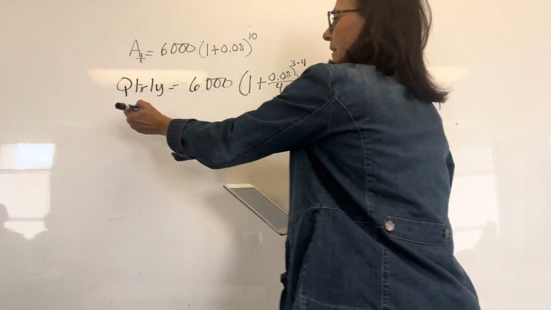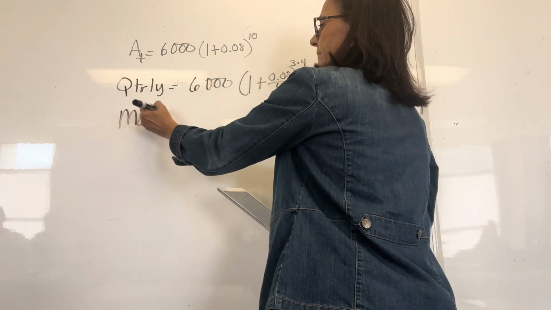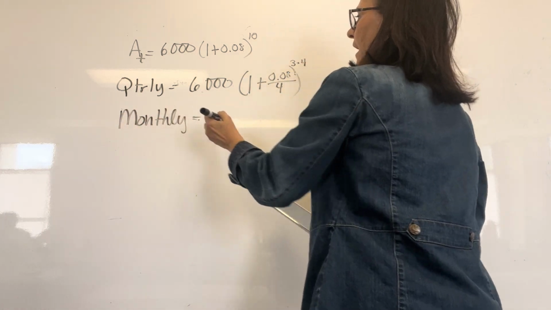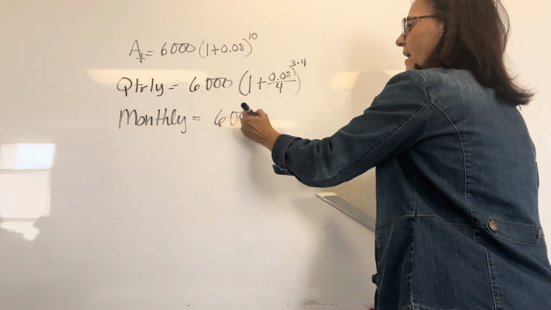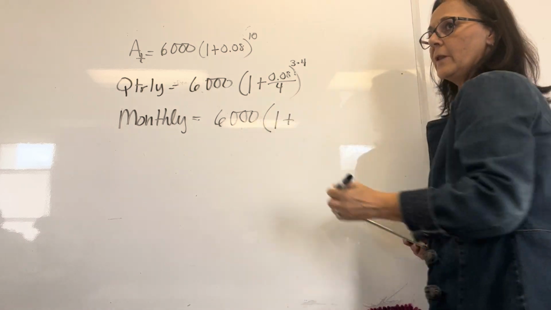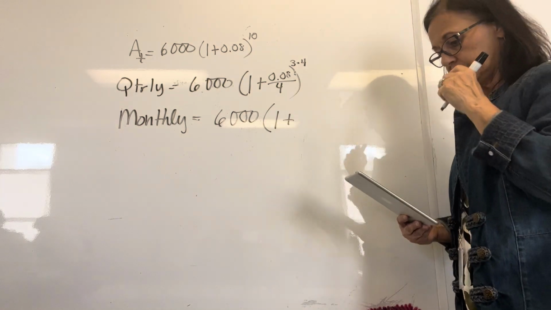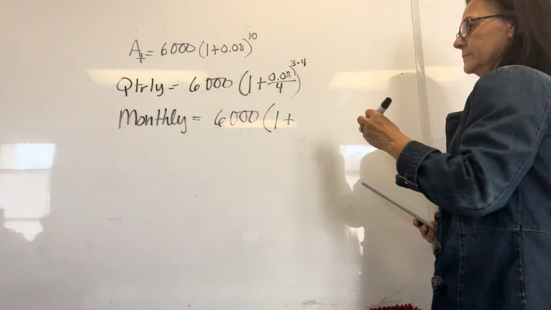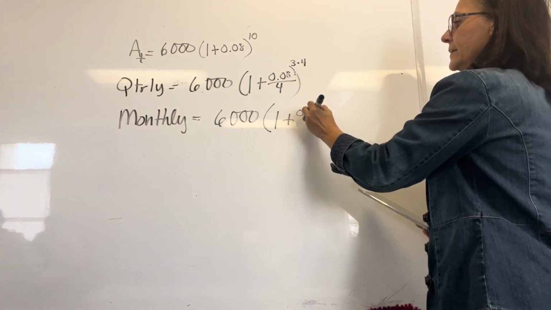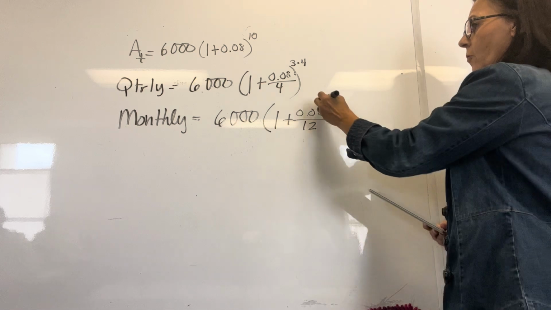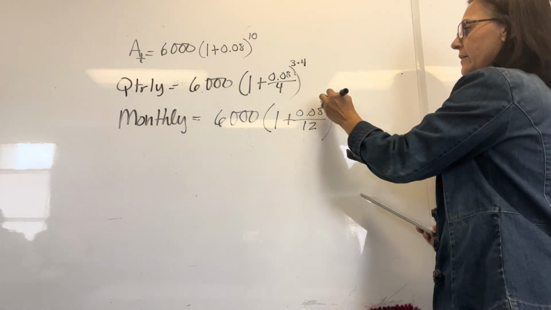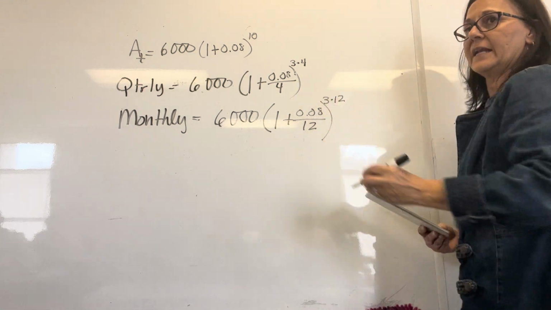What if it were monthly? What would this look like over a period of 3 years? We'd still have 6,000, but it would be 1 plus 0.08 over 12, raised to the 3 years times 12 months in a year.